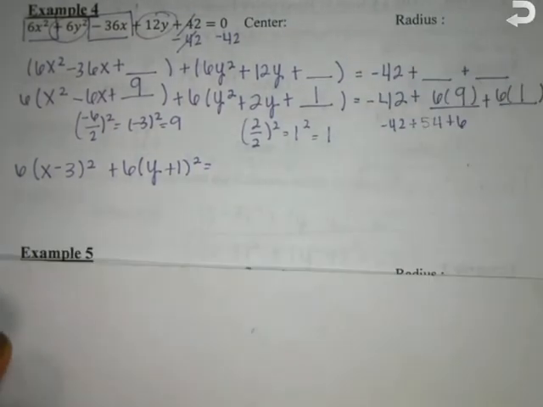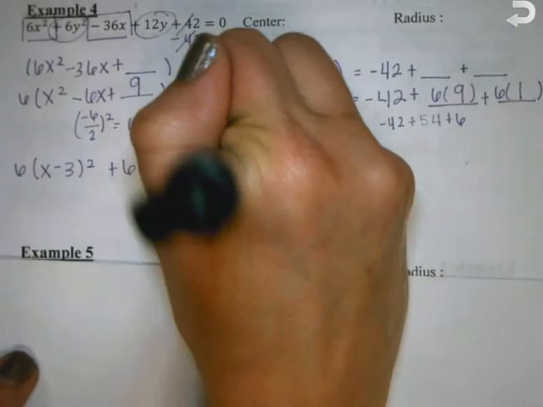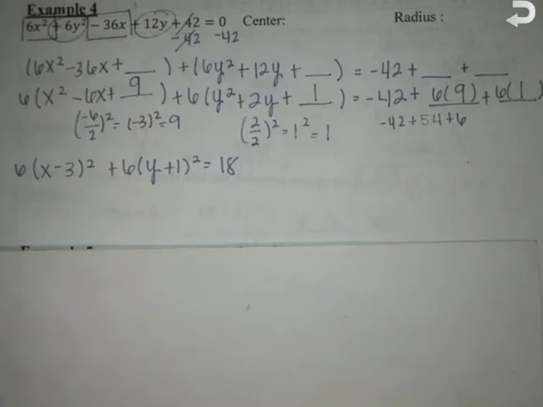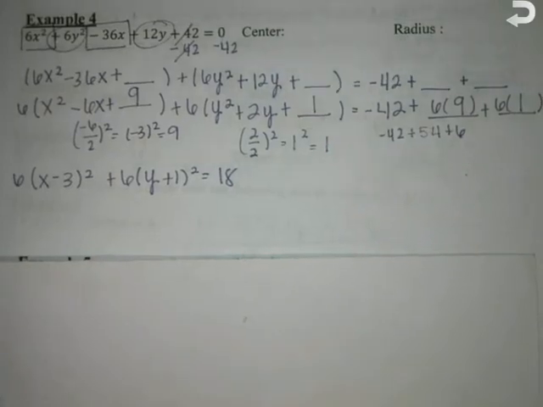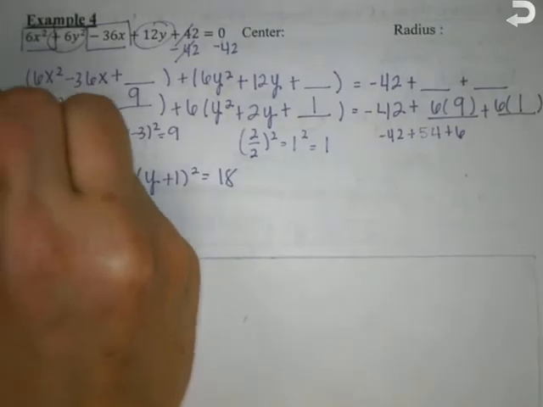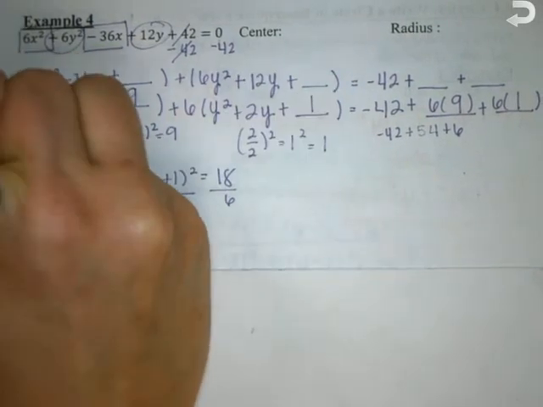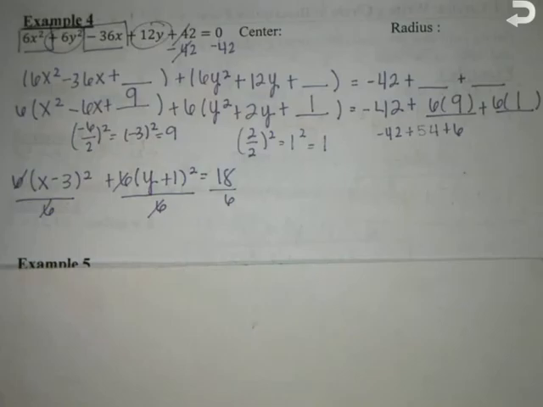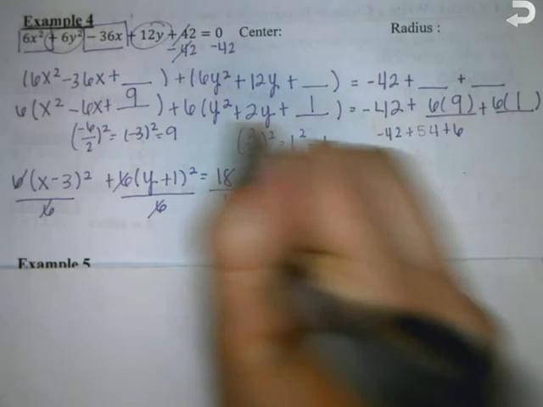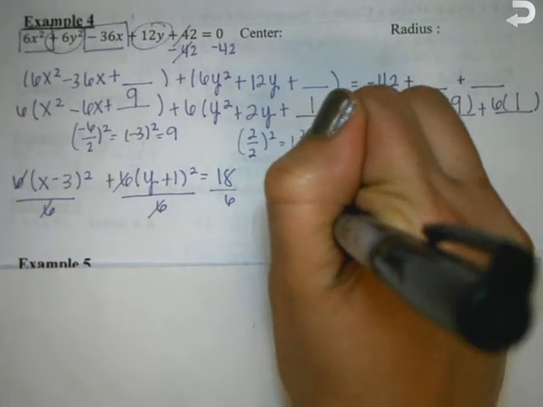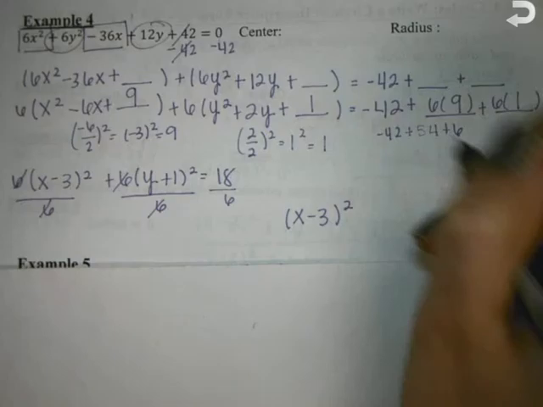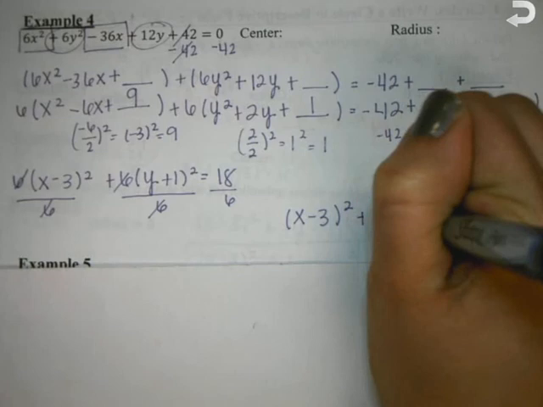Okay. What can I do next? Excellent. We divide it all by 6. So that gives me, let me write it over here, x minus 3 squared plus y plus 1 squared equals 3. That is my descriptive form. From this, what is the center?